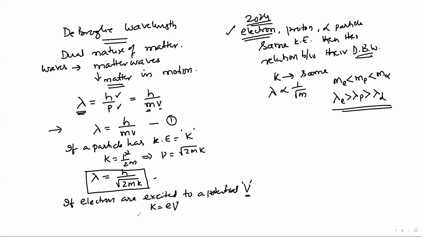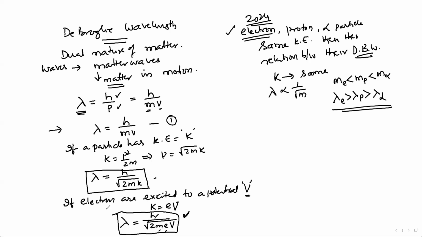So the de Broglie wavelength related to these electrons is h divided by root of 2meV. The problems related to this are also very important. Here h is Planck's constant, m is the mass of electron, e is the charge of electron.